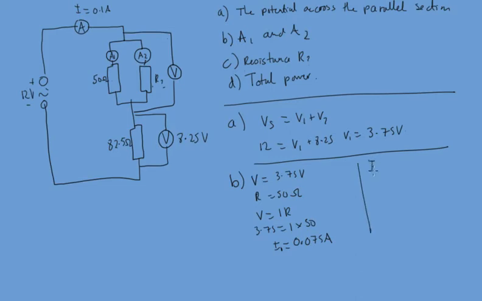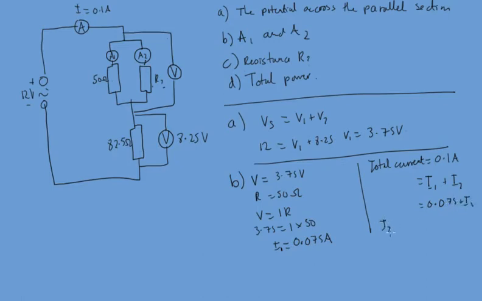Now the total current in the circuit is equal to 0.1 amp. So that must be shared between these two branches, which must be equal to I1 plus I2. So that's 0.075 plus I2.